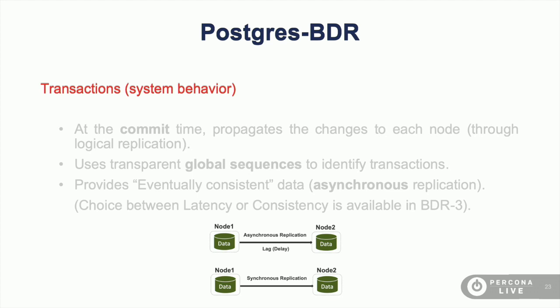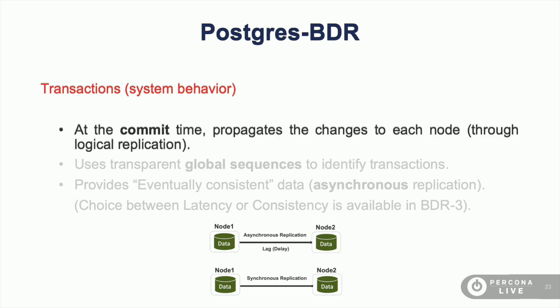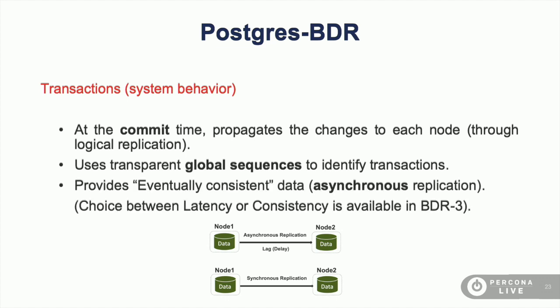Let's progress to the transaction component. At commit time, the changes are propagated to each node through logical replication, asynchronously. It uses global sequences to identify transactions and to make sure there are no conflicts on the transaction as well, and provides eventually consistent data on Postgres BDR 3.